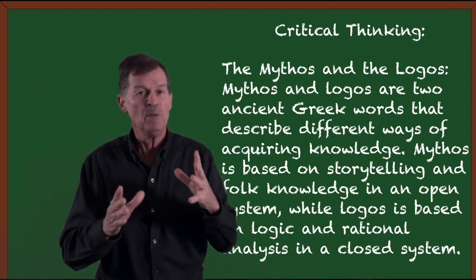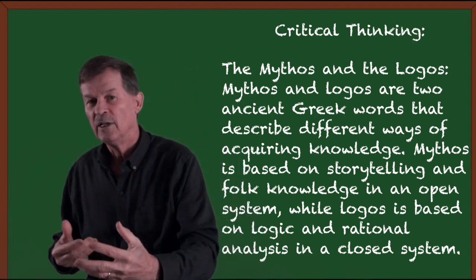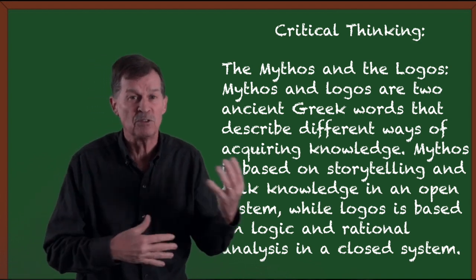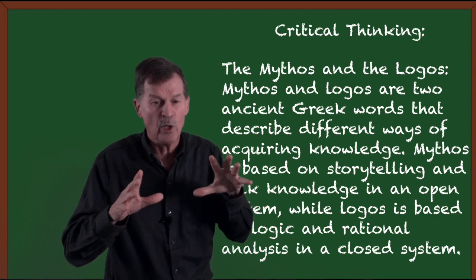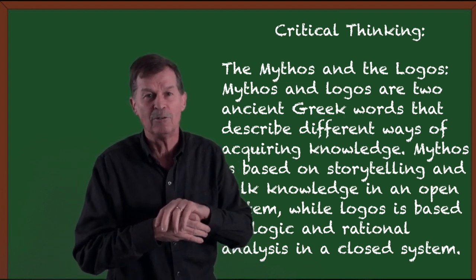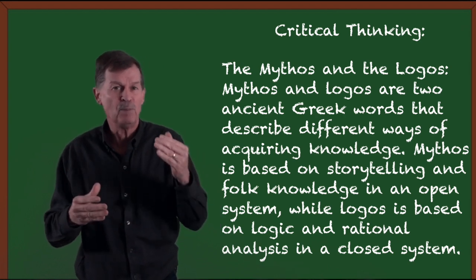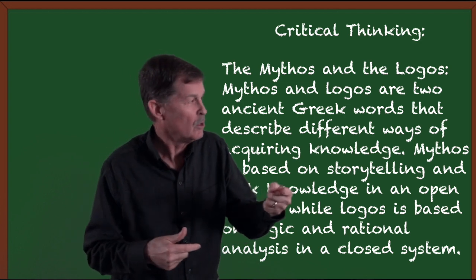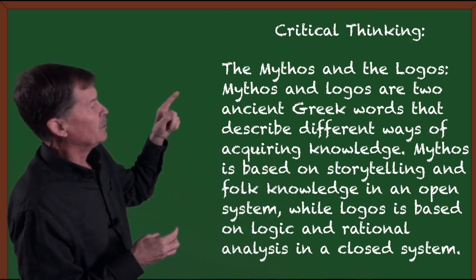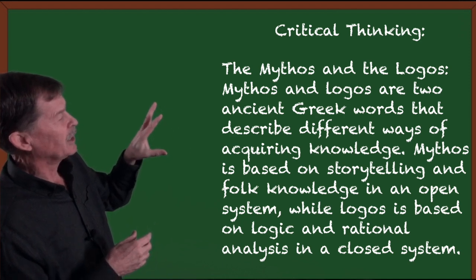So mythos is a telling of a story that reflects beliefs, that generates a cohesion within a cultural setting. So a mythos is based on telling that story through storytelling, through folk knowledge in an open system.